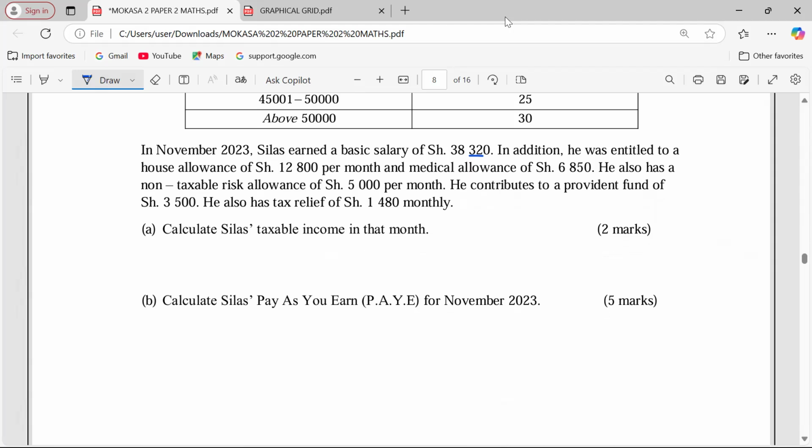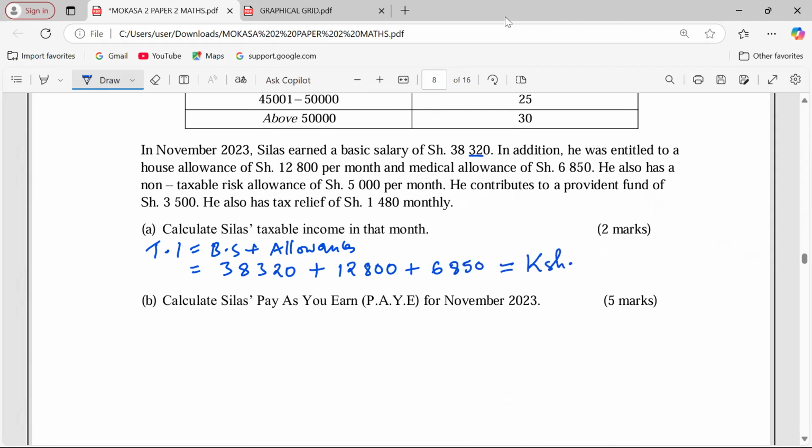Therefore, this month, we will calculate the taxable income as basic salary plus allowances. So the basic salary is 38,320. We add the taxable allowances, which are a house allowance 12,800 plus a medical allowance of 6,850.